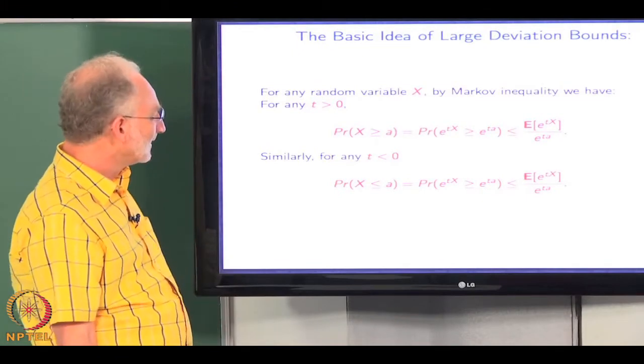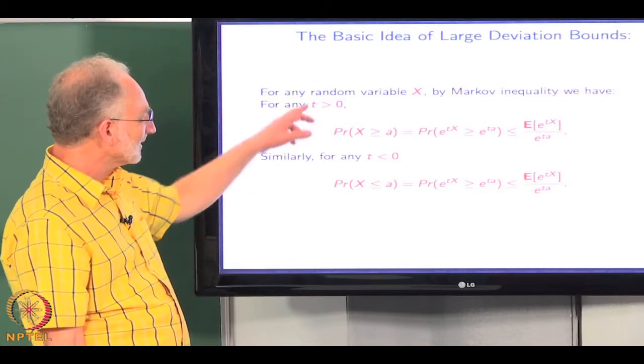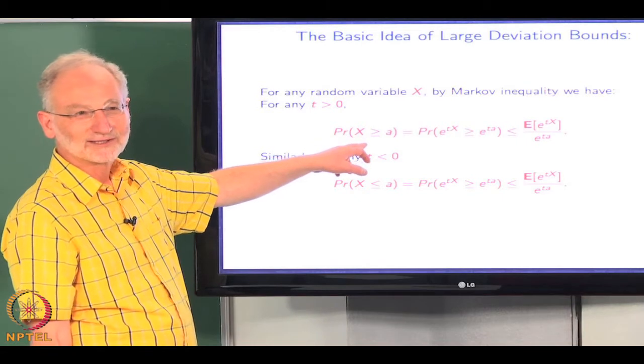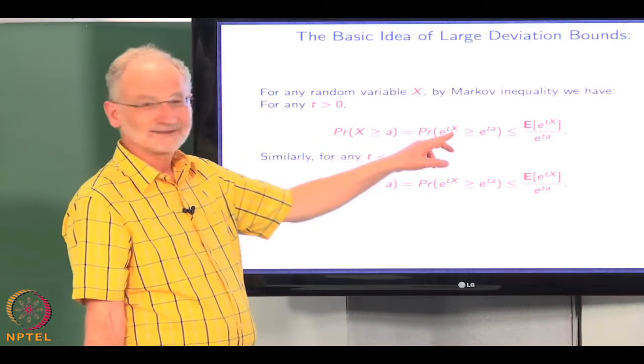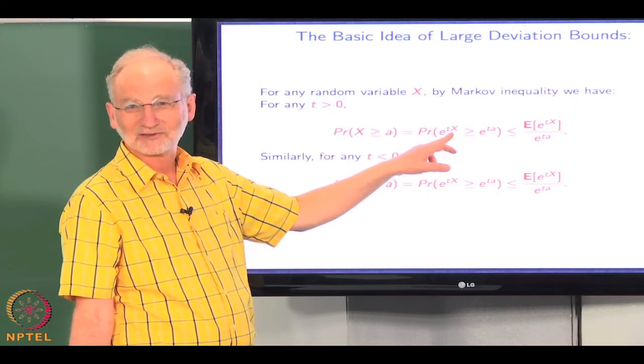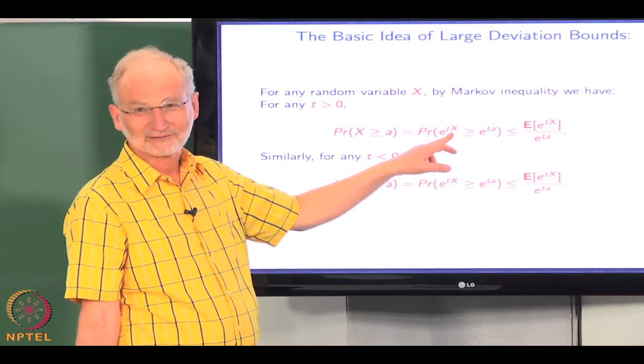Now we got something very interesting. We started with a random variable that can be positive or negative, but e to that is always positive, never negative.